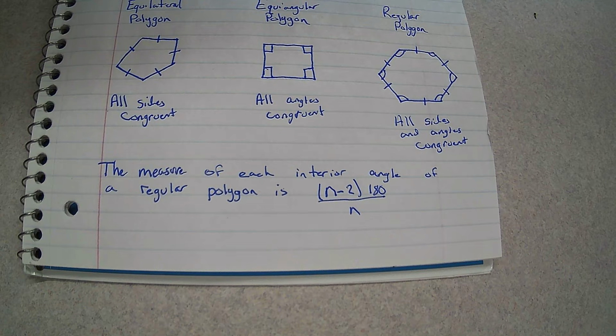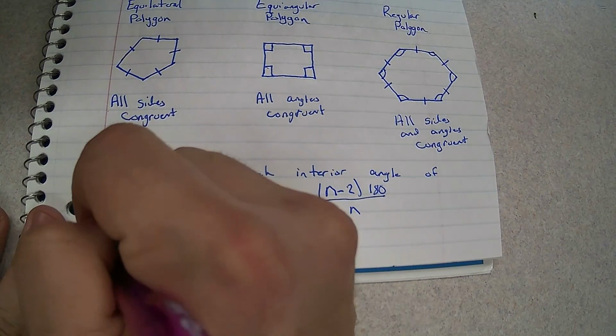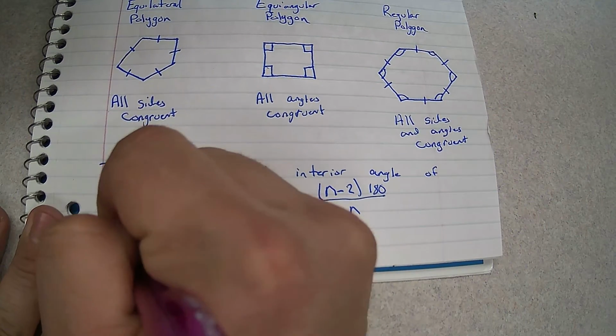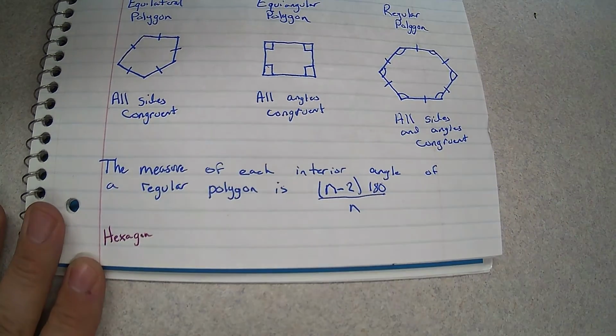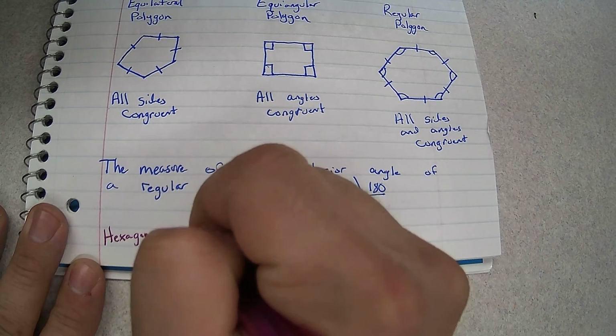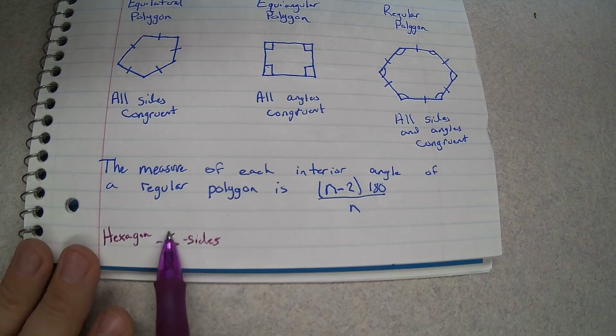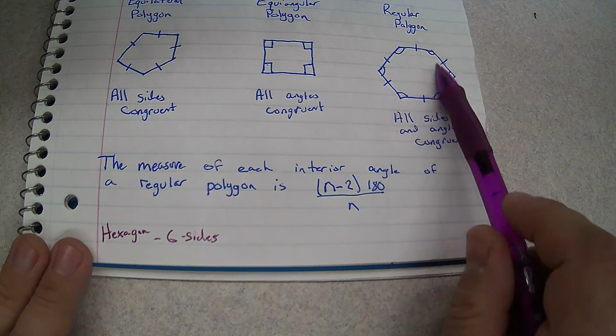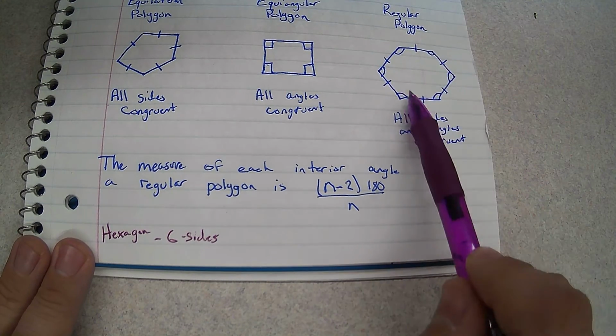So let's say we want to know that of a regular hexagon. Well, a hexagon has 6 sides. This is our hexagon right here, 1, 2, 3, 4, 5, 6.